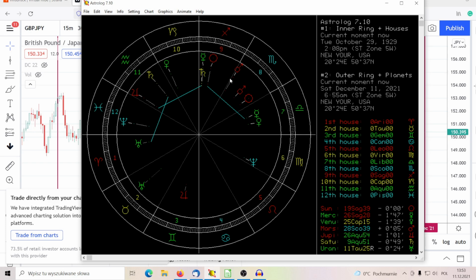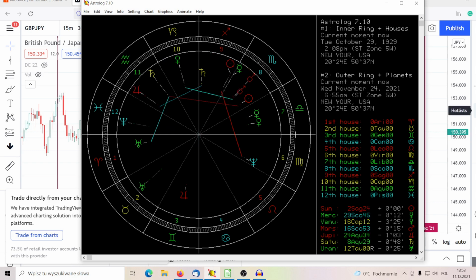It might be helpful if you see that the planet from the outer ring is at the same position as the planet in the inner ring. Let me just show you. Like it happened to Mars over here on November 23rd. So Mars was exactly at the same position as Mars was in 1929.